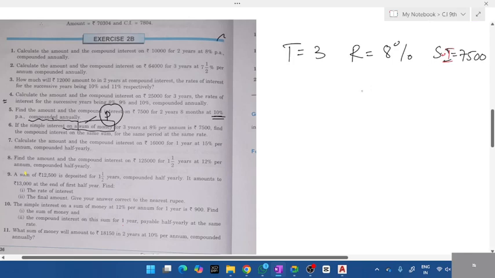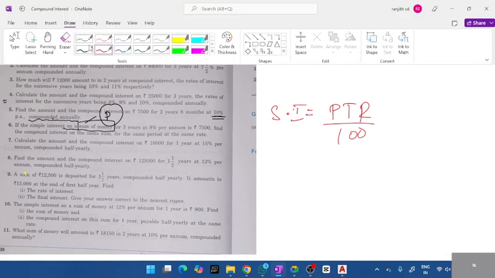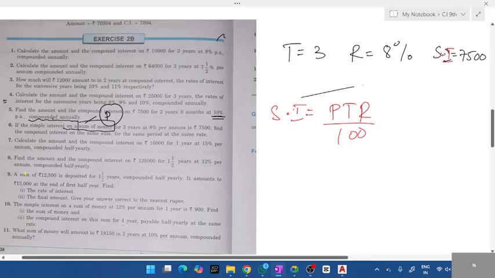What is the simple interest formula? SI is equal to, all of you unmute and answer. PTR by 100. What is the simple interest value given? 7,500. Is principal given in the first line?